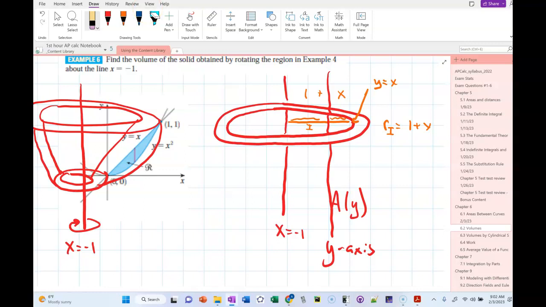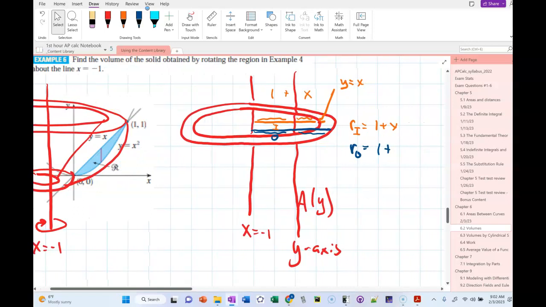Let's actually write the outer like this. My outer radius is going to be 1 plus that distance, which is x squared.